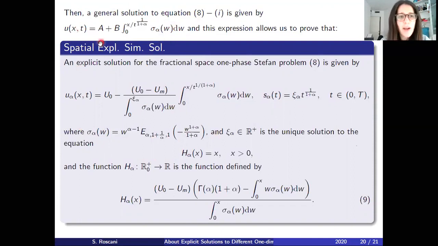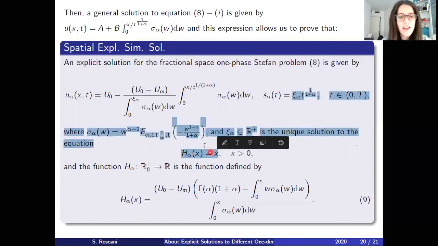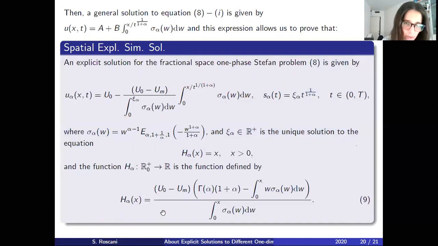Then, plugging these constants into the other equations, we can state that this solution here is an explicit solution of the Stefan problem in the similarity variable x over t to the power 1 over 1 plus alpha, where the interface is a power of t to the 1 over 1 plus alpha, and the parameter that characterizes it is a solution to a determined equation, h of alpha equals 6, where this equation is again in terms of the three-parametric Mittag-Leffler function.